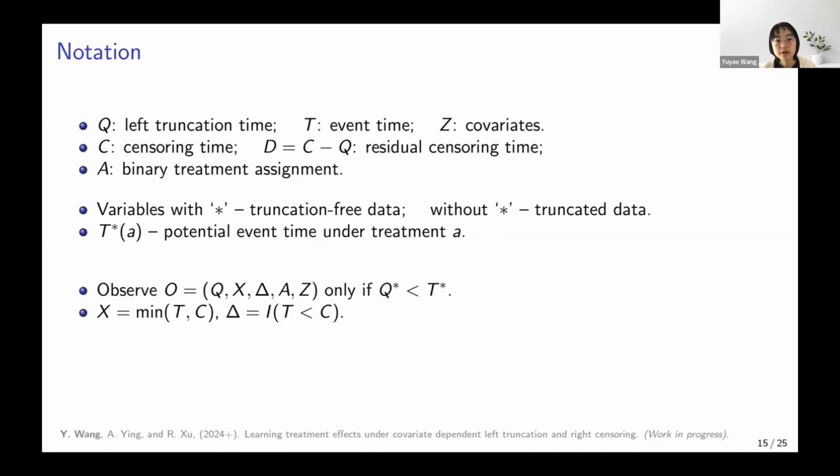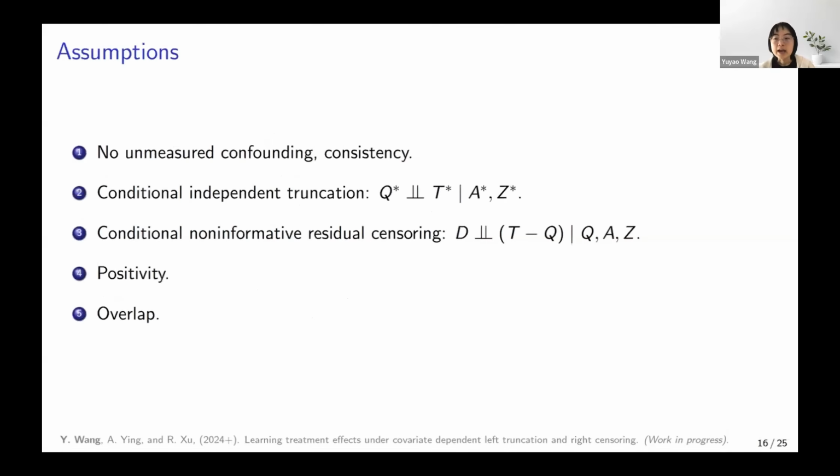We use the potential outcome notation, T^A, to denote the potential event time under treatment A. And again, for the observed data, we only observe subjects with Q less than T. As for the assumptions, we assume no unmeasured confounding and the consistency assumption. We also assume conditionally independent truncation and conditionally non-informative residual censoring, as well as positivity and overlap assumptions.